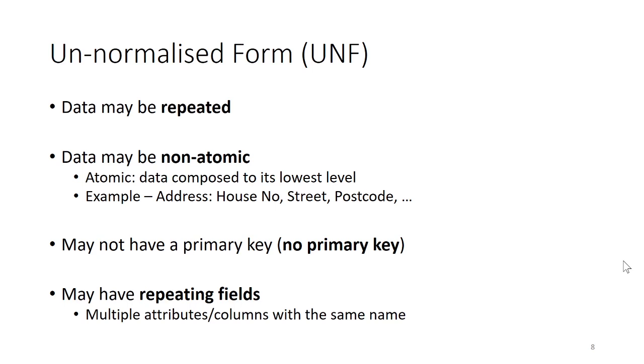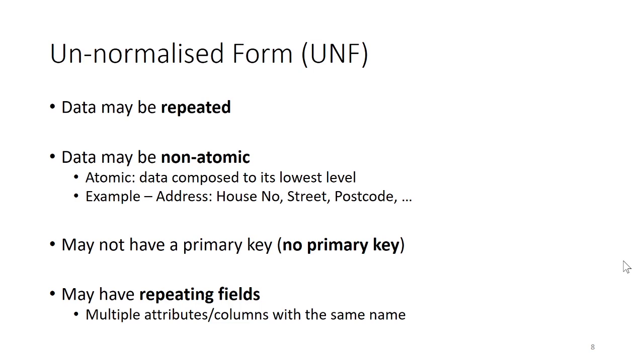Starting from un-normalized form, the characteristics of un-normalized form, as you can see from this slide, are these four main elements. Data may be repeated. Data may be non-atomic, the concept of atomic or single value. Atomic means the data is at the lowest possible level and cannot be decomposed into more detail.